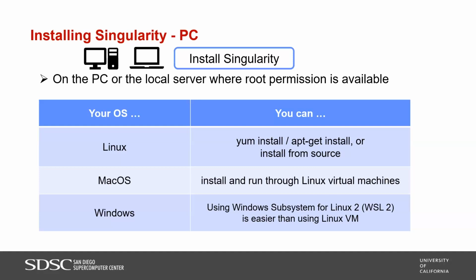If you have macOS, you can install and run it through a Linux virtual machine. If you're a Windows user, you can also choose a Linux virtual machine, or you can just use WSL2. That's what I'm using on my Windows PC.